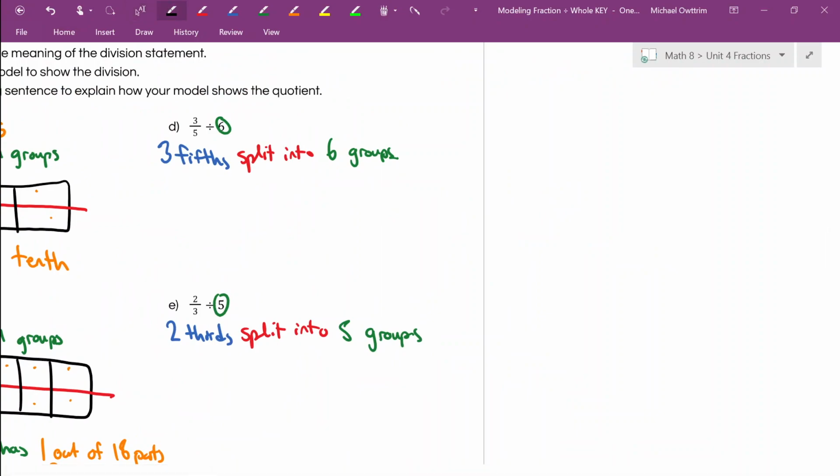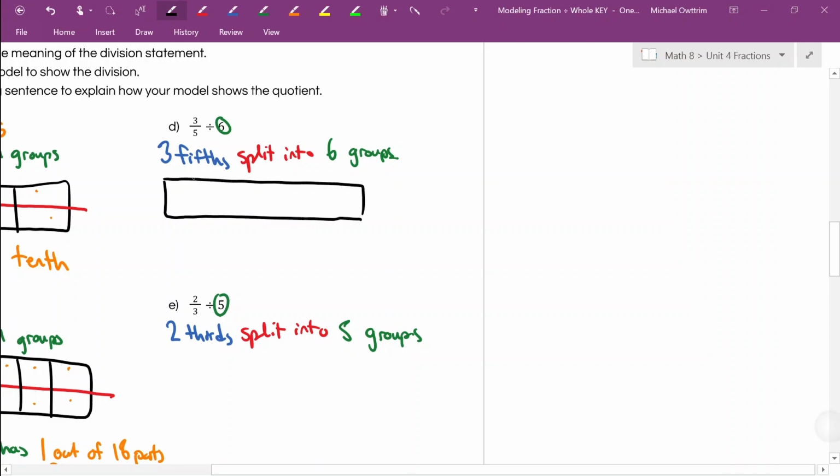In question D, we want to start with 3/5. So draw our whole. 1, 2, 3, 4 cut lines makes 5 sections. We have 3 of those. We want to divide that into 6 groups. Again, 3 parts can't be put into 6 groups, but 6 parts can. That'd be 6 out of 10.